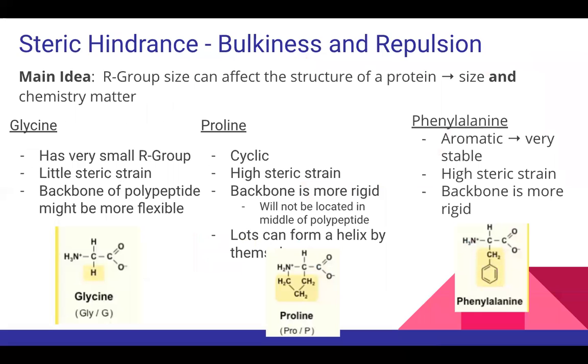So steric hindrance is basically just the bulkiness and repulsion based on the R group size. The R group size can affect the structure of the protein. Their size and their chemistry matters. We just talked about their chemistry, the hydrophobic effect and where they'd end up on the protein, but their size also affects protein folding, because if you have a big bulky amino acid like phenylalanine, there's going to be a high steric strain, which would make the backbone more rigid.